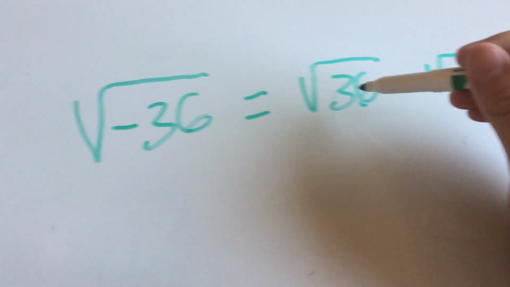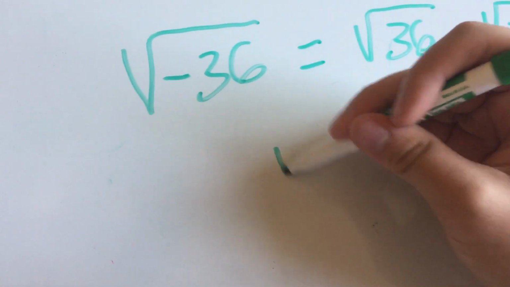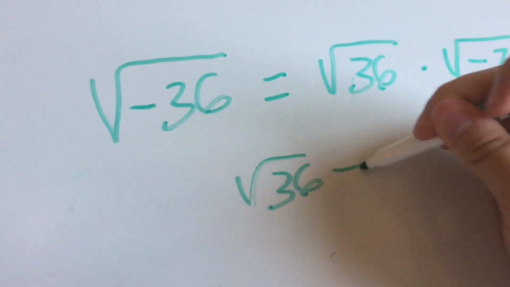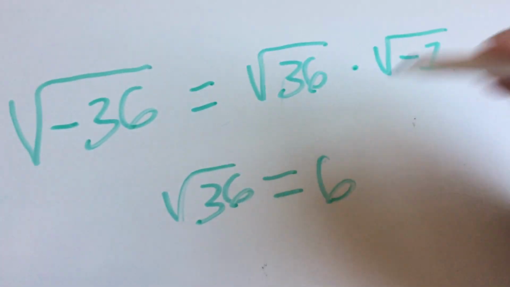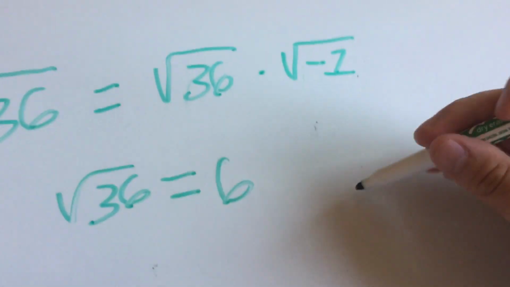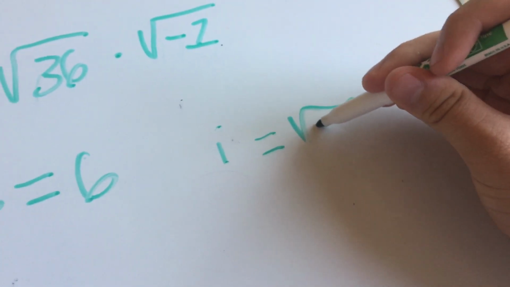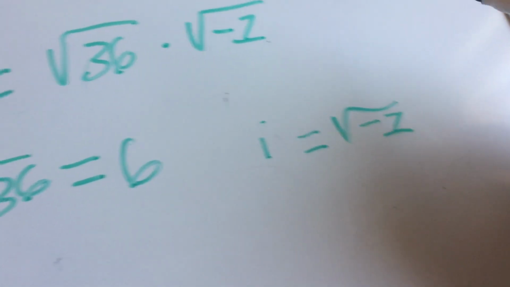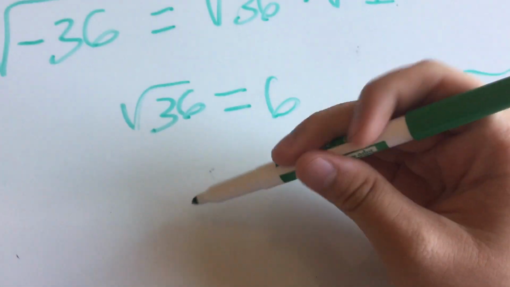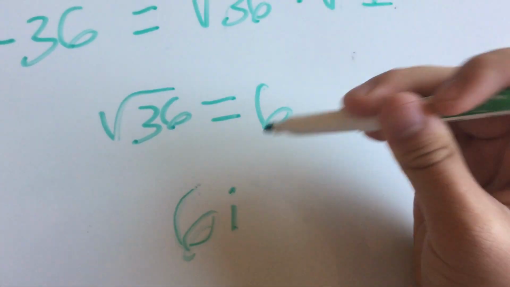The square root of 36 is 6, and we know that i is equal to the square root of -1. So your answer should be 6i.